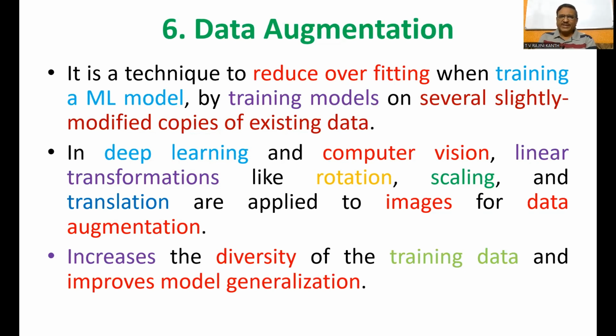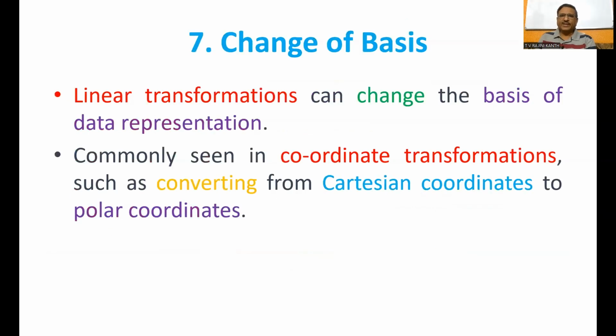Rotation, scaling, and translation are three different geometrical operations. Coordinate geometry, you can get it. This increases the diversity of the training data and improves model generalization. These are all possible with matrix algebra.